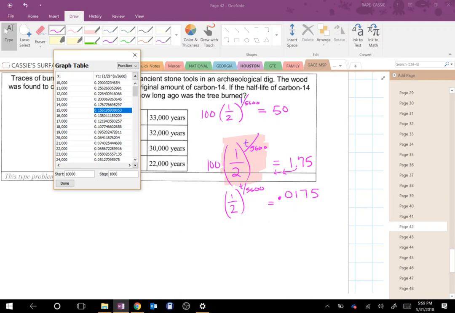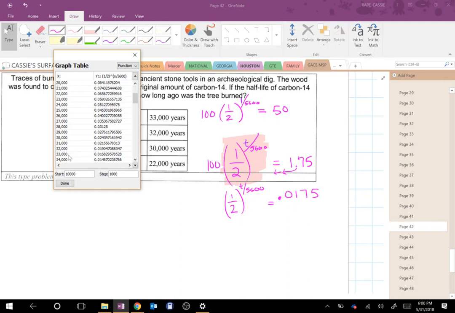I want you to notice that to end up with 0.0175, I'm getting there, but I'm not there yet. 0.0175 is somewhere between 32,000 and 33,000.